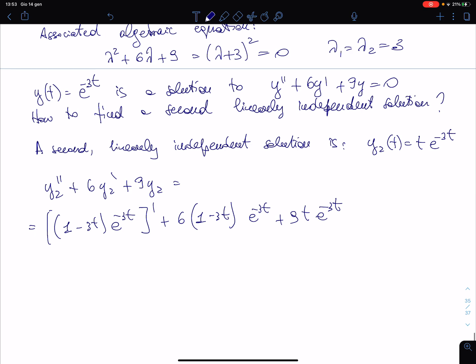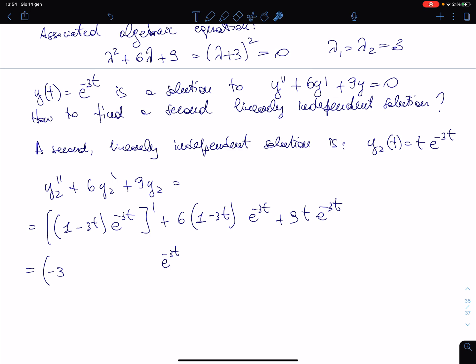Now differentiate here again. And e to the minus 3t is gathered out, and you differentiate inside the bracket, and you have -3.